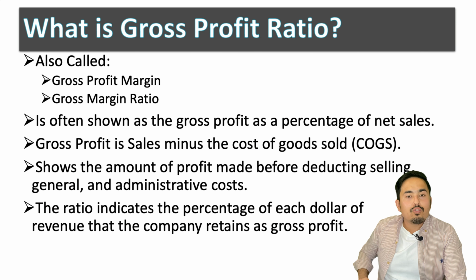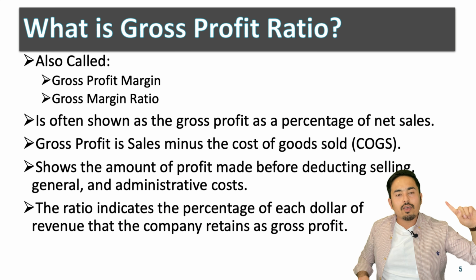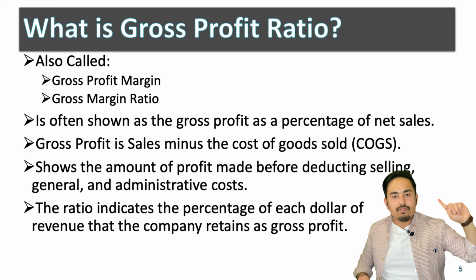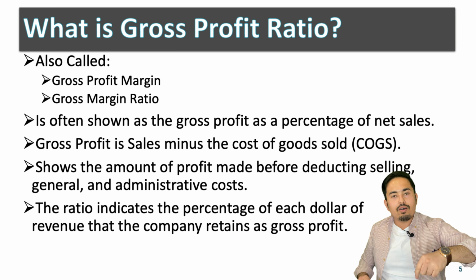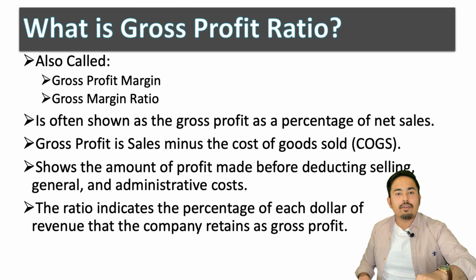It means that 80% of the revenue has gone into the cost of production, or the cost of preparing, or the cost of purchasing the product which is already sold.